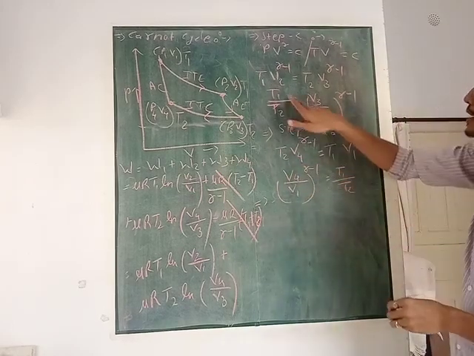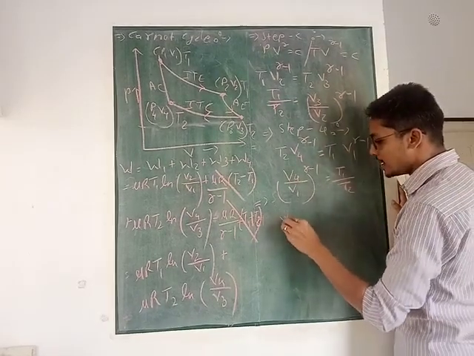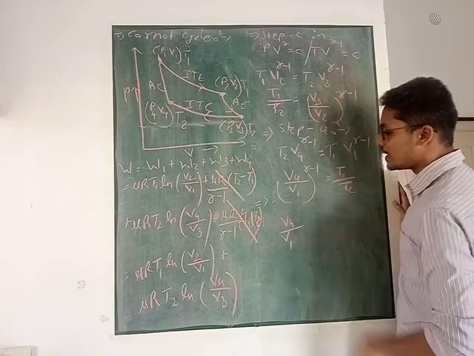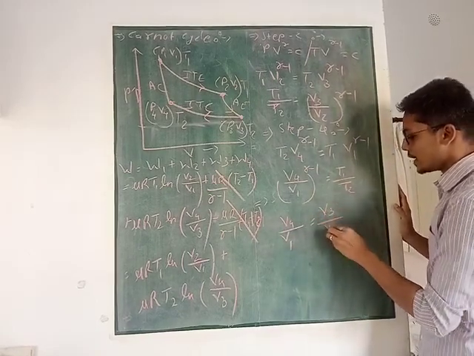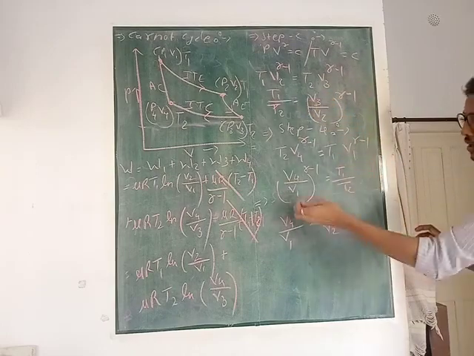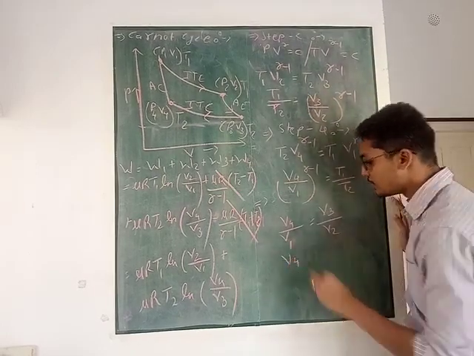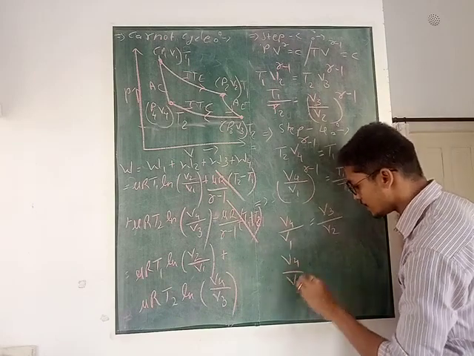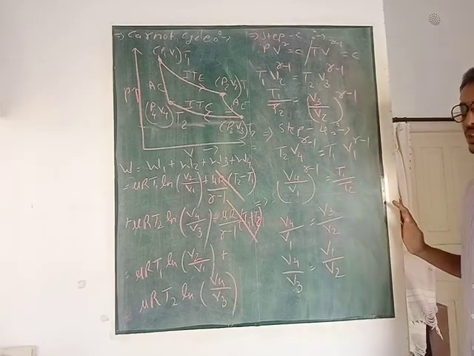Now you can put the T1 by T2 ratio, V3 by V2, in the place of this. So it will be V4 V1 equals V3 V2. You can cancel out the power on both sides. Ultimately what you got is V4 by V3 equals V1 by V2.